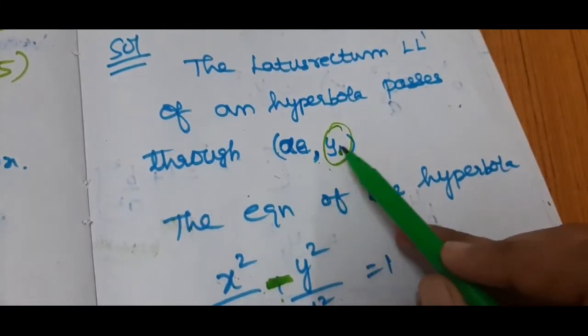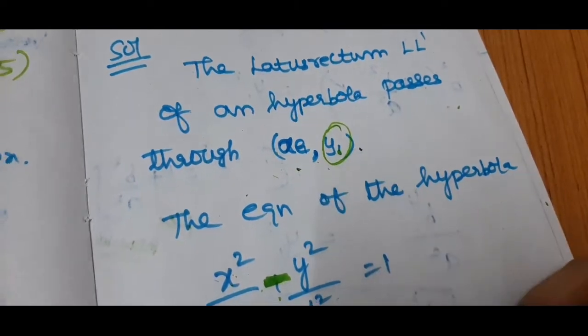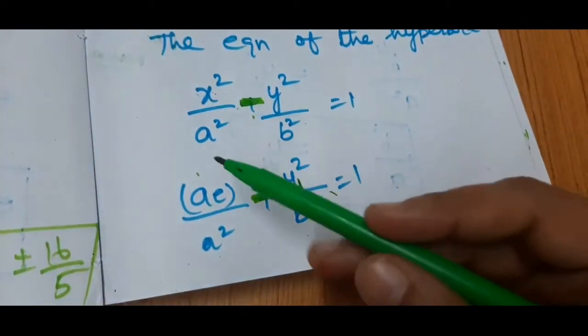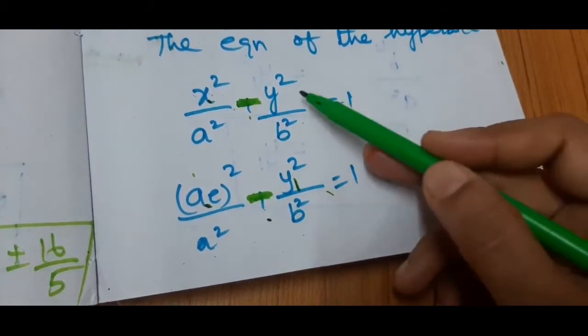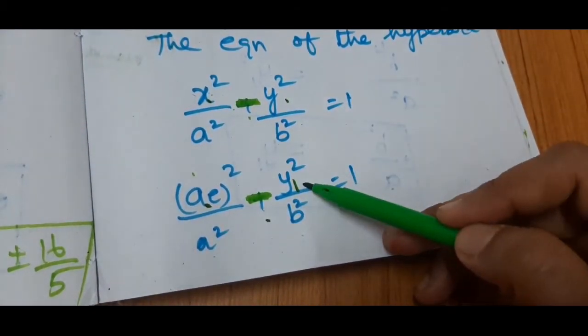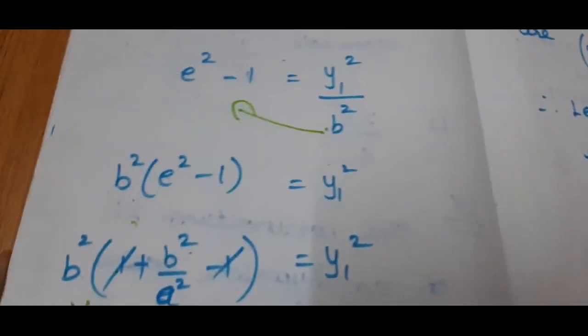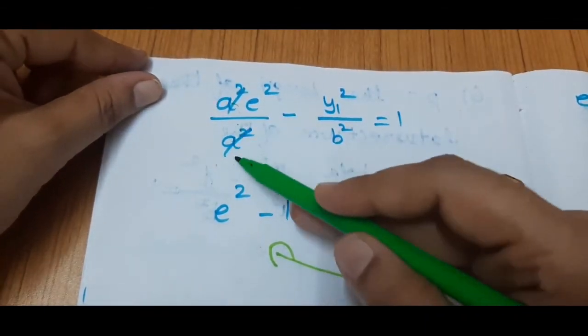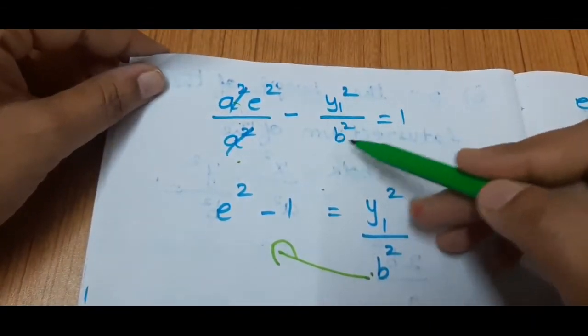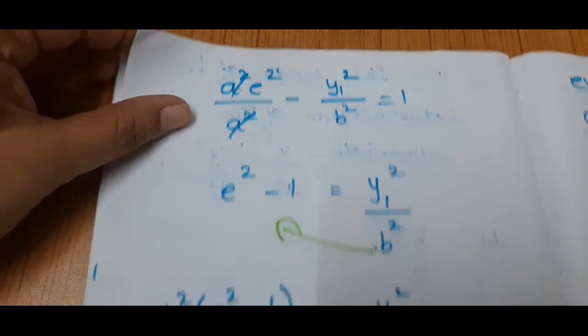Since it passes through AE, y1, this point must satisfy this equation. Therefore, instead of x coordinate I can substitute AE, instead of y coordinate I can substitute y1. So a square e square by a square minus y1 square by b square is equal to 1.